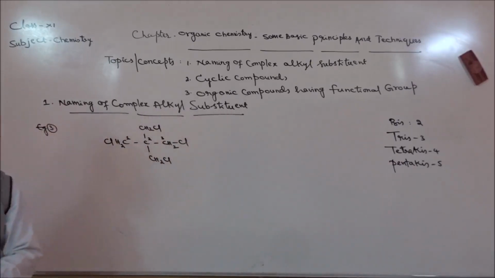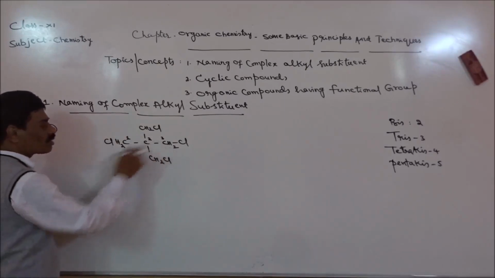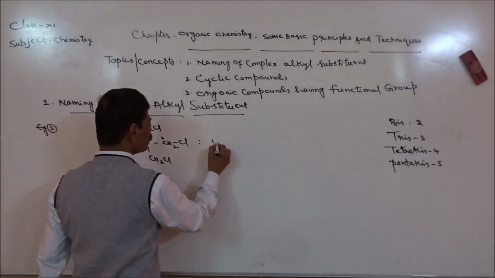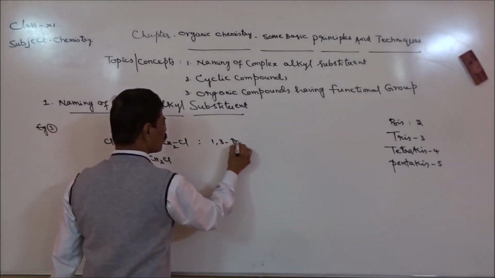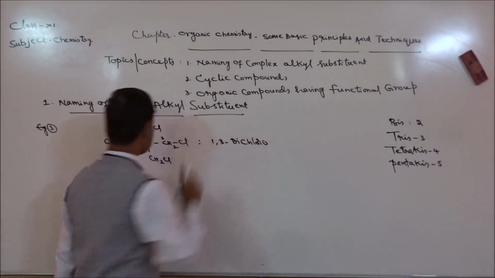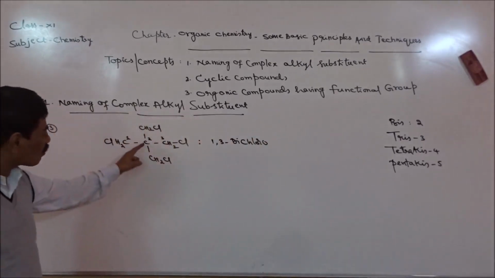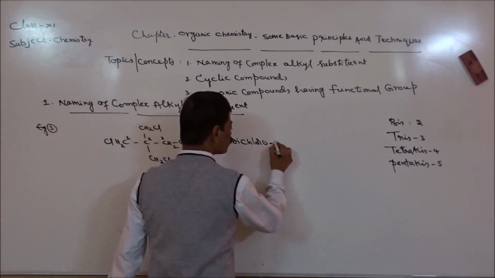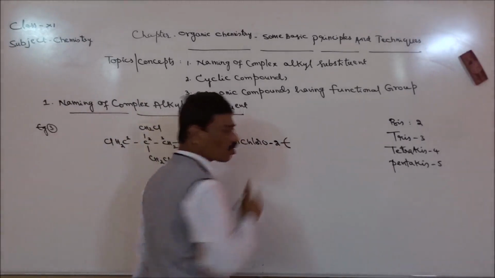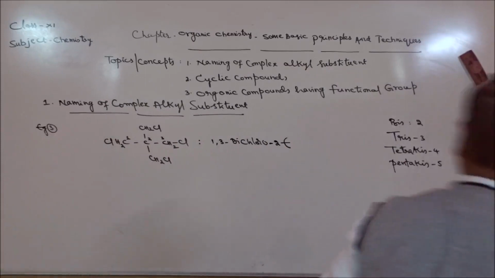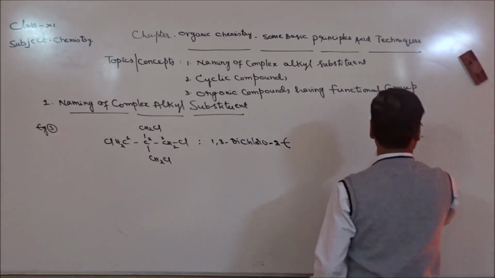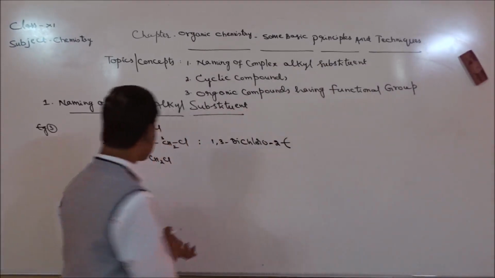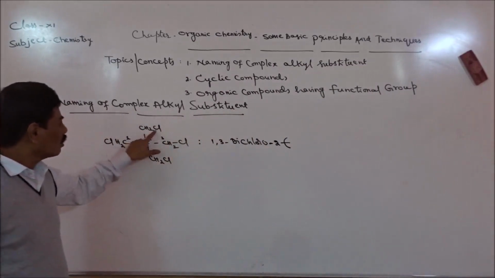Now let us see this compound here. To the first and third carbon atoms, chlorine atoms are connected, right? So we write 1,3-dichloro. Now to the second carbon atom, CH2Cls are connected. So 2 and then round parentheses. And in this round parentheses, what should be written? Let us see. CH2Cl is repeated 2 times.